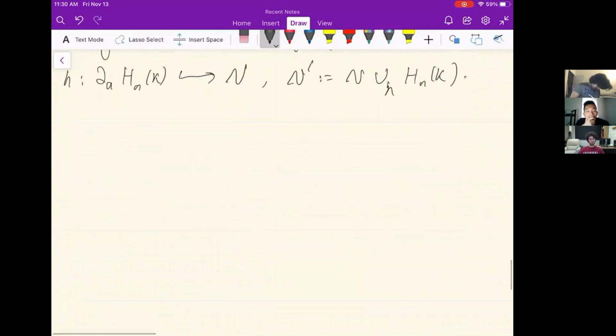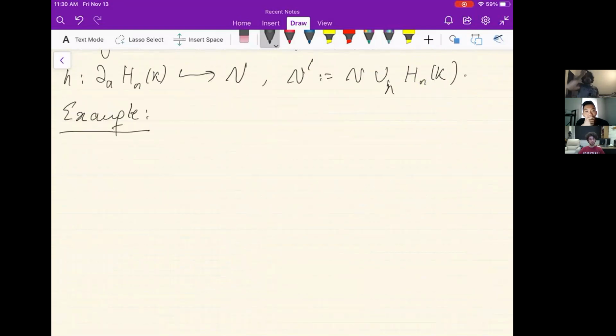Okay. So let's do an example. Let's consider the two-sphere with the height function.